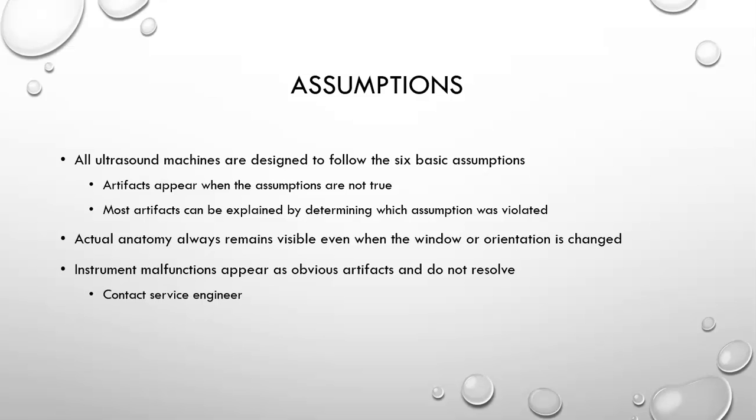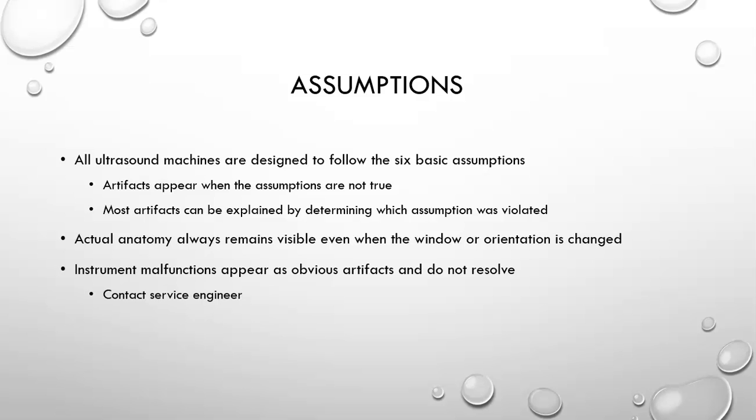Artifacts will not necessarily remain visible if you change the window or the orientation of the probe. Instrument malfunctions will appear as very obvious artifacts, and these won't resolve no matter how you move your probe. In these situations, you can only resolve them by contacting a service engineer or replacing the equipment.